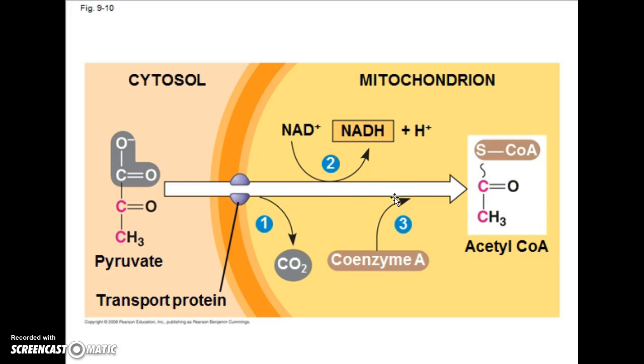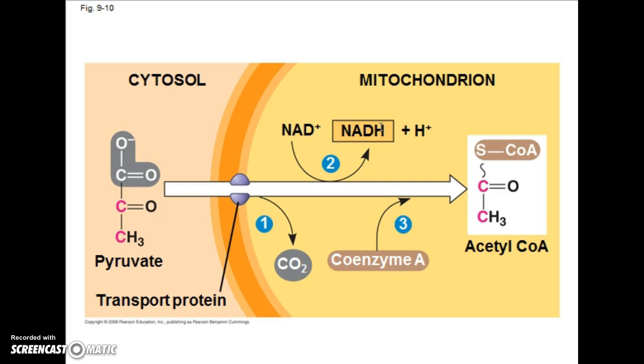So the carboxyl group, highlighted in gray here, the COO group, is removed to form carbon dioxide. After the carbon is removed from here, all that's left is a 2-carbon sugar. This 2-carbon sugar at this point, now in the mitochondria, is oxidized, and we form some NADH, an electron carrier.